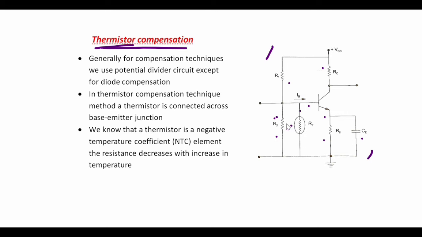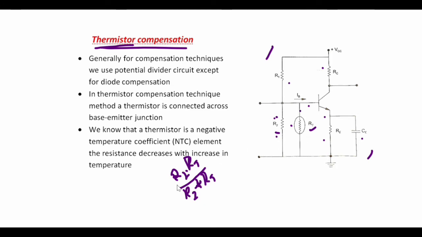Then the total resistance across this loop, the total impedance, is replaced with these two in parallel, so we can write it as R2 into RT by R2 plus RT. This is the resistance R2 and this is the resistance RT, the resistance of the thermistor at normal room temperature.